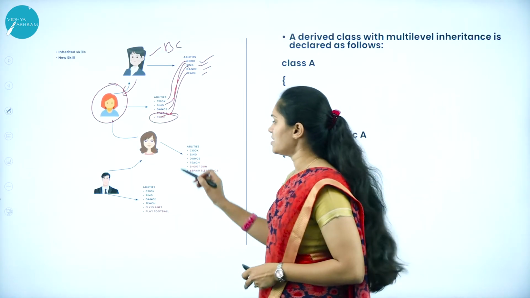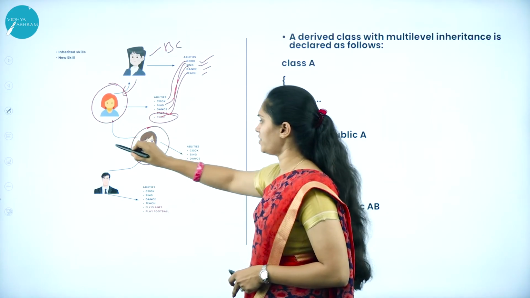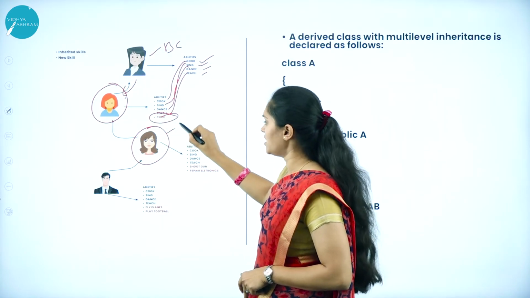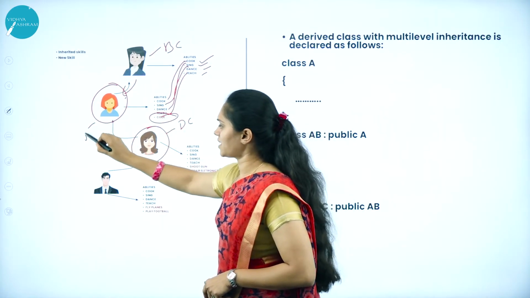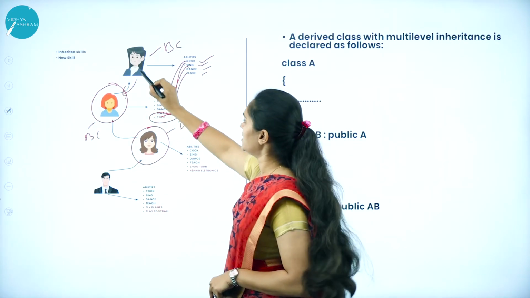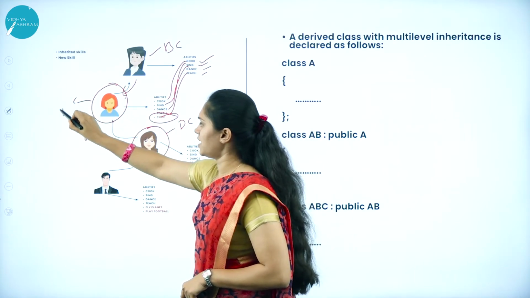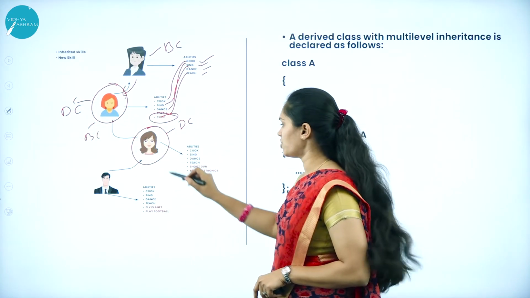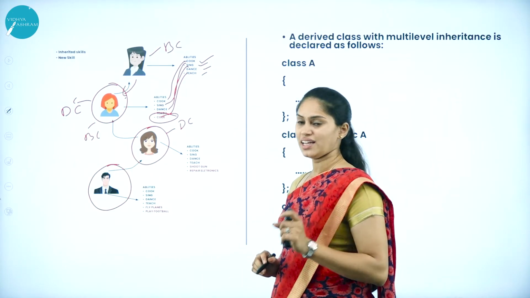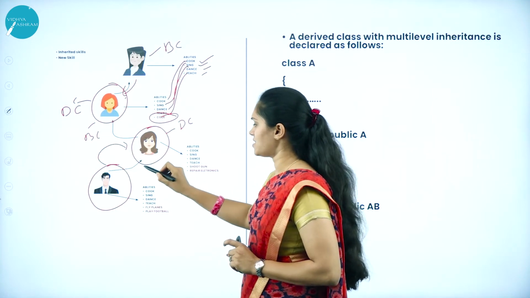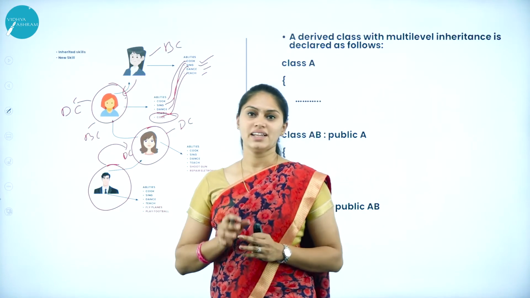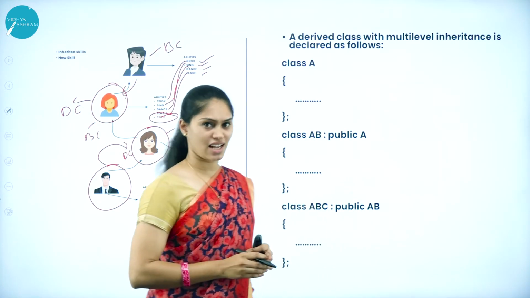At the next level, it acquires the features from the already existing derived class. So this becomes the derived class, and at this level the previous one becomes the base class. At last, this class inherits the features from the already existing derived class. So there will be more than one level of inheritance. I hope you understood that example.